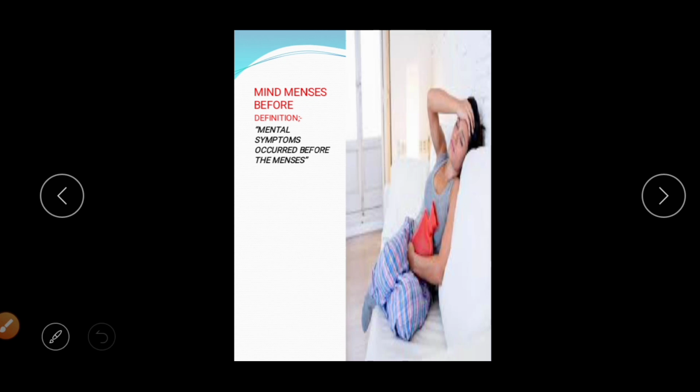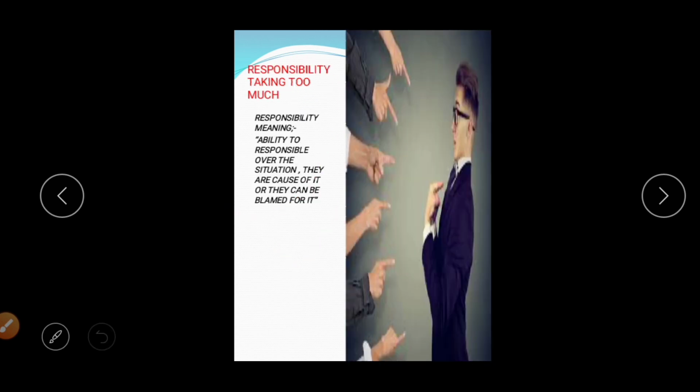So the next rubric, responsibility taking too much or too seriously. Here her nature is like that, very careful about the family, loves her family and cares about the domestic work. Though she is sick, she used to wake up early morning and does every work of the family, domestic.